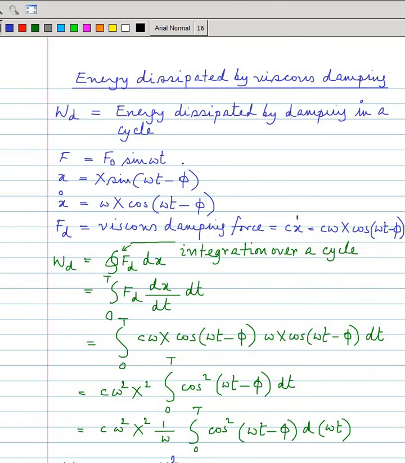Suppose there is a spring mass system with a viscous damper, which is subjected to a harmonic force, and the displacement is this, the velocity is this, and Fd is the viscous damping force.